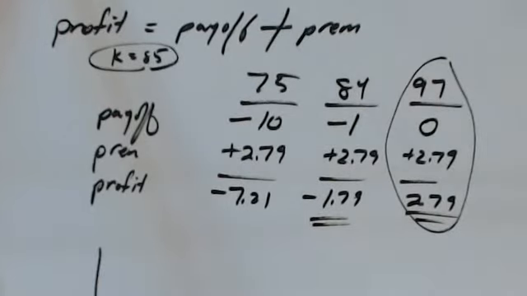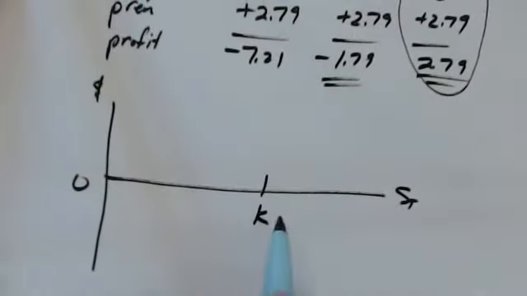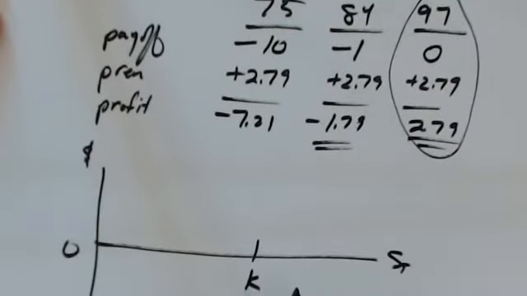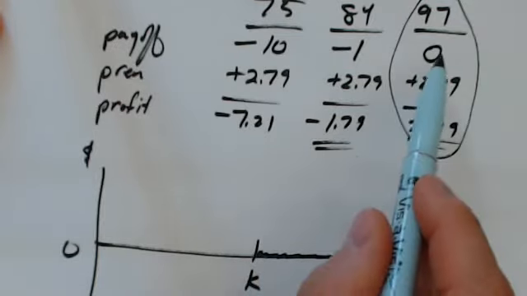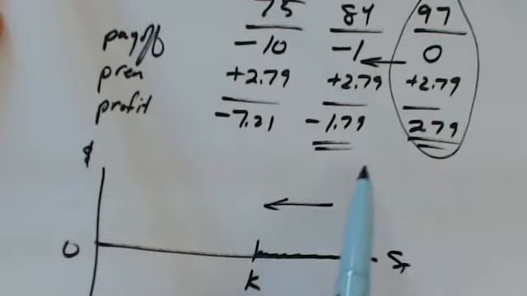Okay, let's graph. Let's graph the payoff. Now the payoff is 0 when the stock price is above the strike. And as you start moving in this direction, down, you start to lose money. So you lose money when the stock drops in value, the payoff drops in value.